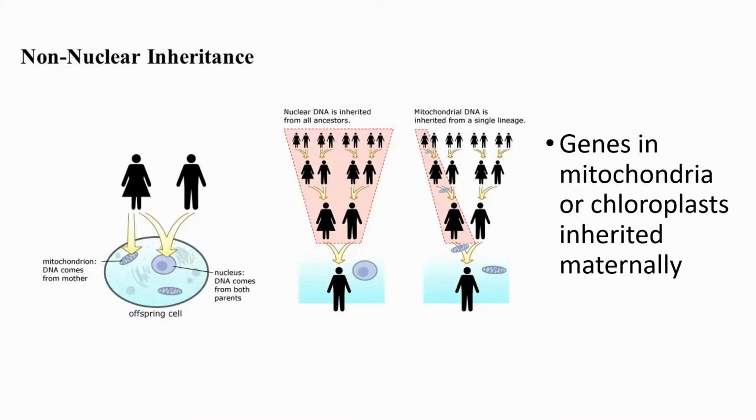We also have some inheritance that happens outside of the nucleus. Remember, mitochondria also have their own DNA, and you inherit that independent of the nucleus. Turns out, the vast majority of that comes from your mom.